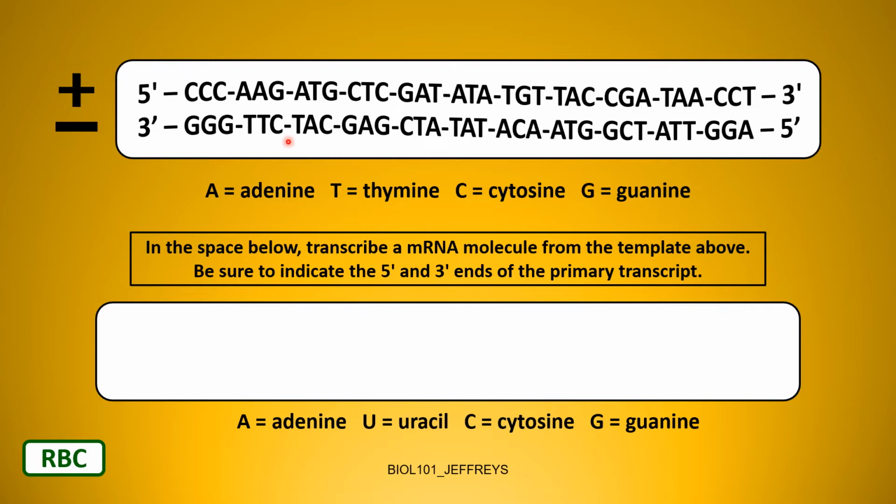Here we have TAC in the template, but we don't have T's in RNA. So this is going to be AUG down here in the RNA, and then we have CUC, GAU, AUA. Okay, just like that. That's what I'm going to do down here.